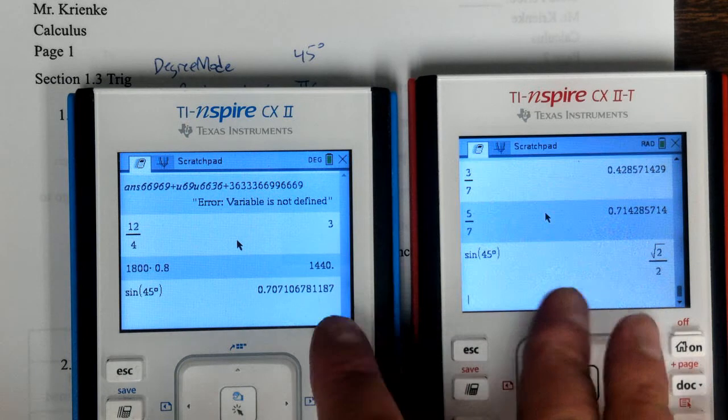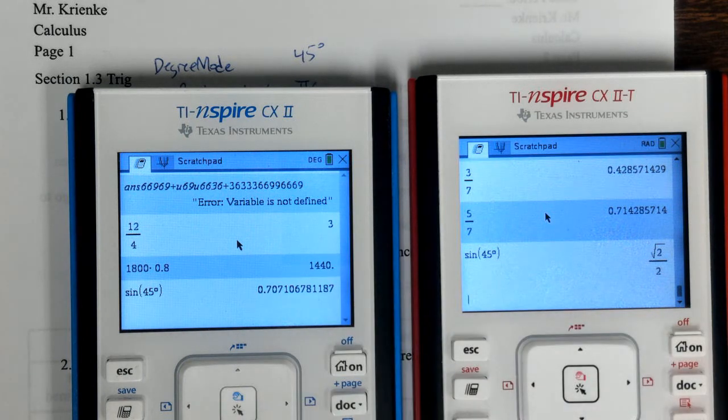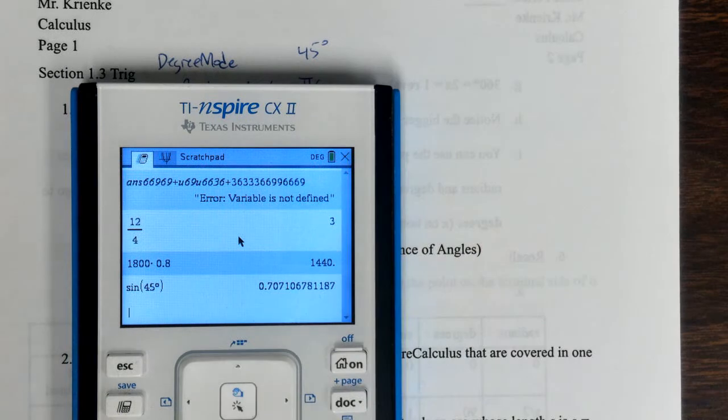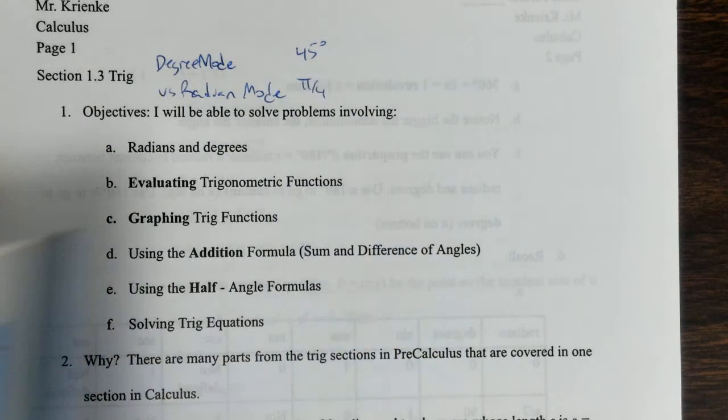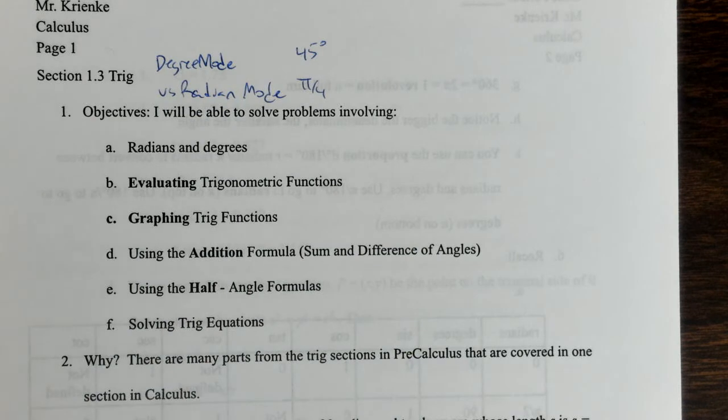That's a whole other subject or topic that we'll talk about. But you'll need to have your notes. Okay, so it's basically any part of trig that you were taught in pre-cal.